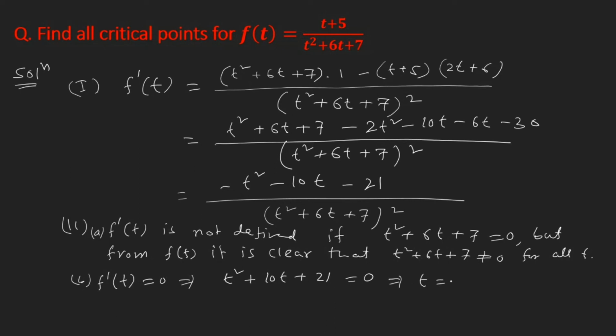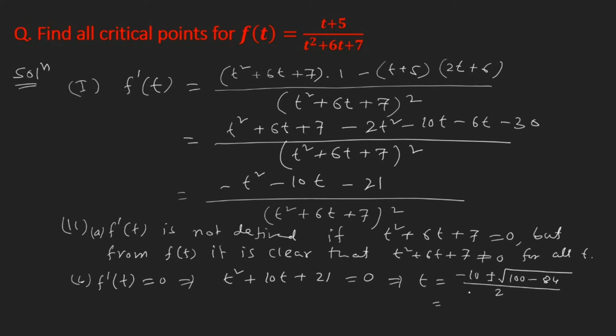So this implies t is equal to minus b plus minus square root of b square minus 4ac over 2a.